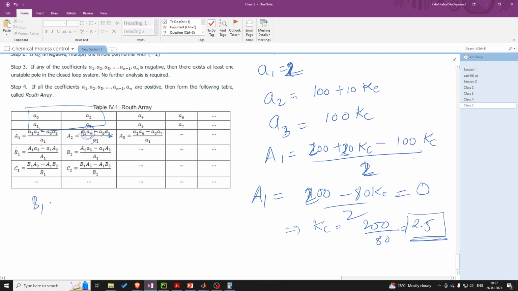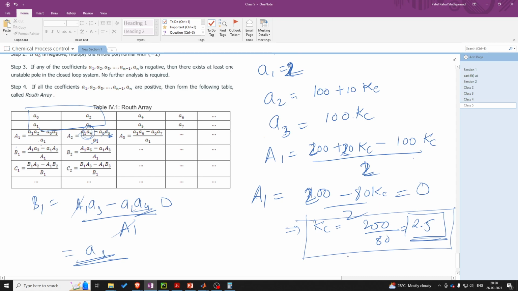So this C1 will become A1 A3 minus A1 A4 upon A1. Now value of A4 is 0, so this will simply become A3. So here we don't need to analyze anything. We will only be getting the value of Kc as 2.5.